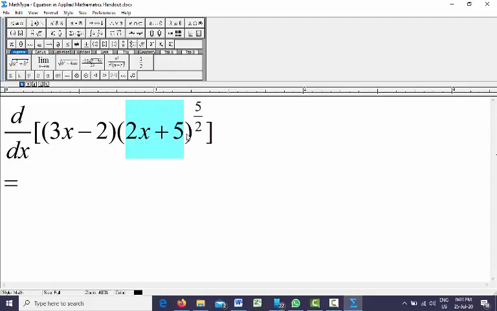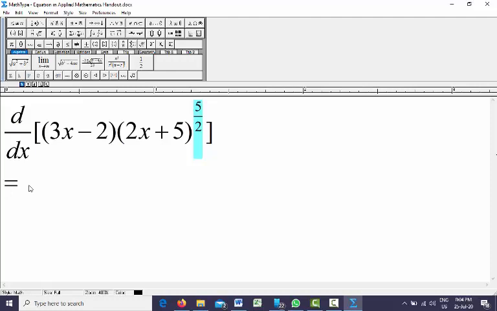No, you cannot, because this twice x plus 5 is not isolated. It is locked by this power. So you cannot multiply. So in such a case, you cannot use the first method that I have shown you.